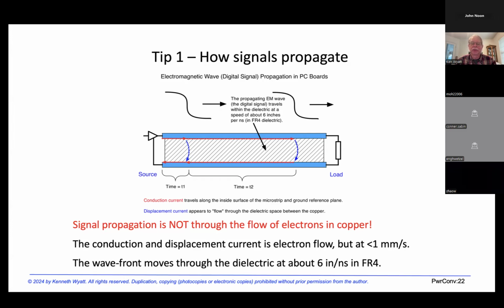While the electromagnetic wave, of course, in FR4, is about half of light speed, or about 6 inches per nanosecond in FR4 material.